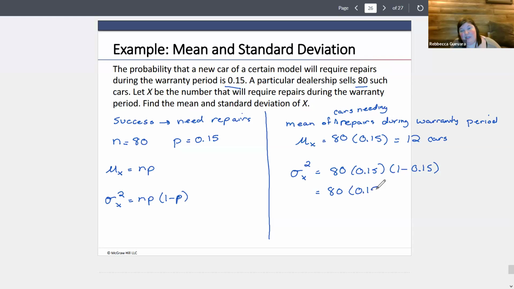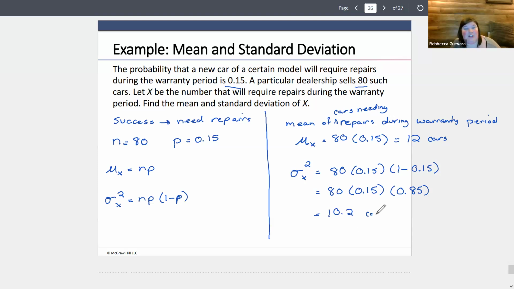So 15% of the time we're going to need repairs, and then that's going to leave me with 85% of the time we're not going to need repairs during that period. This is going to give me a 10.2.